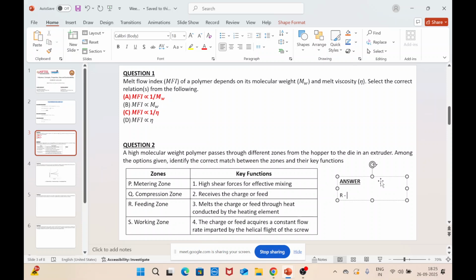The feeding zone is obviously the zone which receives the charge or whatever the feed that you're going to input. So R is 2. Now what about the rest? P, Q and S. What about metering zone, compression zone and working zone?